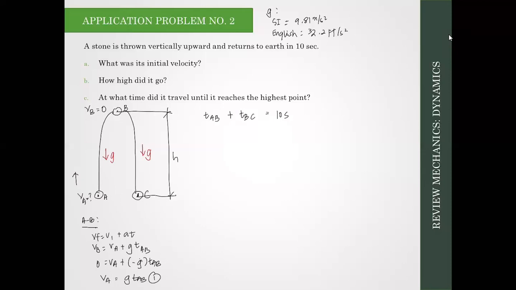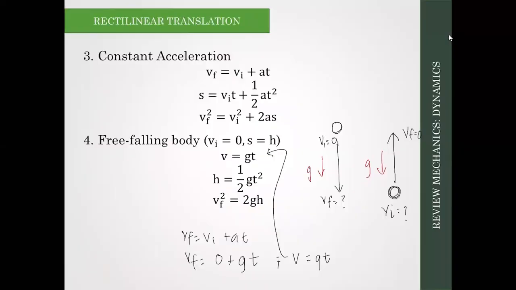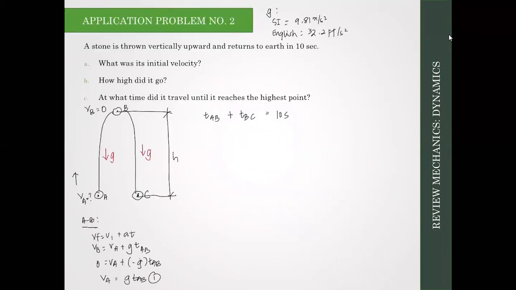Si S doon sa formula natin ng constant acceleration, H na ang gagamitin natin, so this will be S. This will be S is equals to VIT plus 1/2 AT squared.